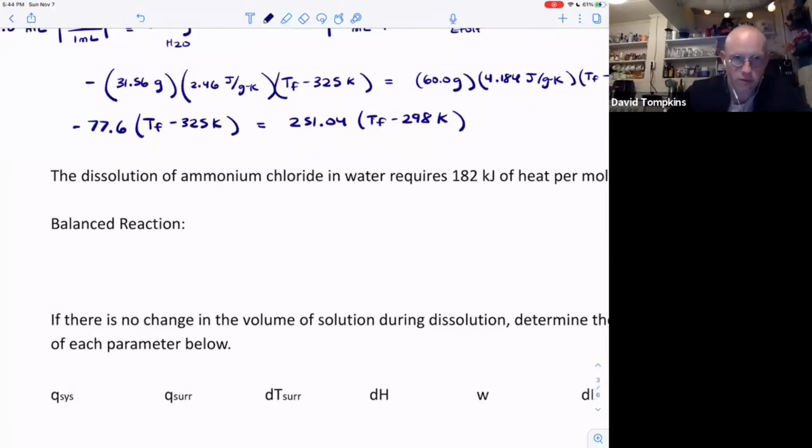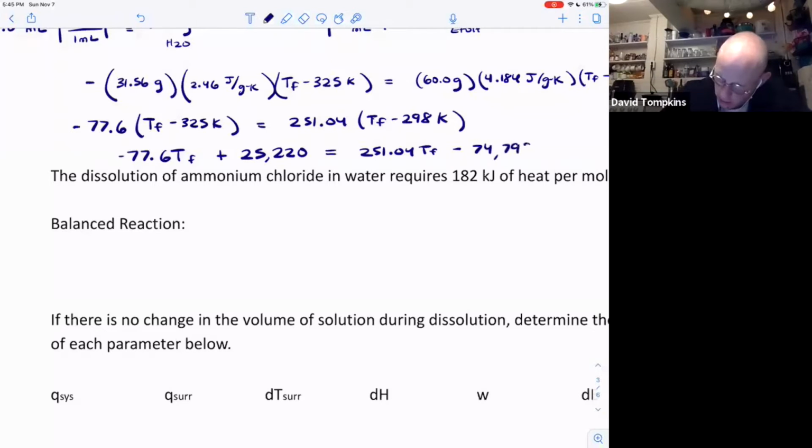You need to distribute through, and you'll see that negative 77.6 times T final plus 25,220 is equal to 251.04 T final minus 74,798.